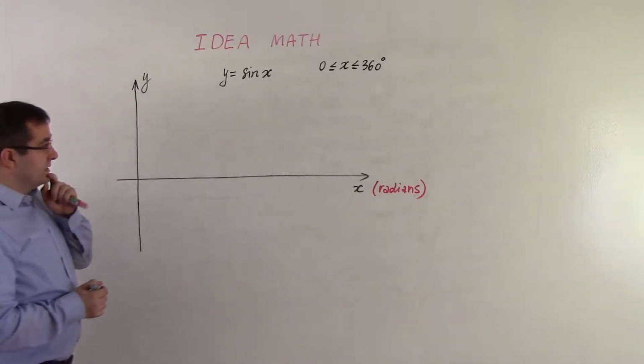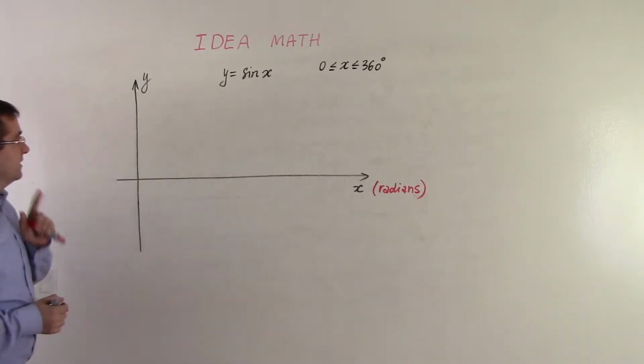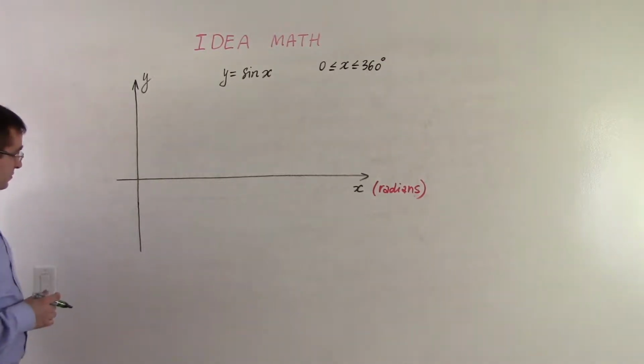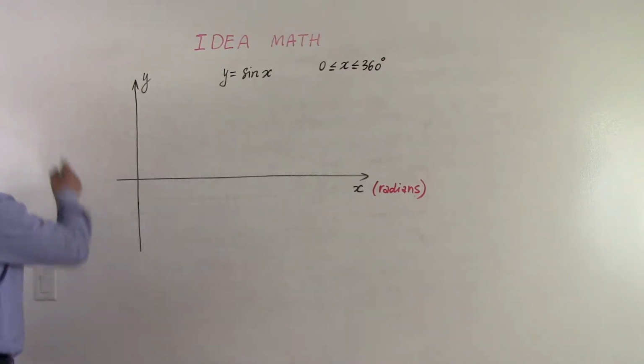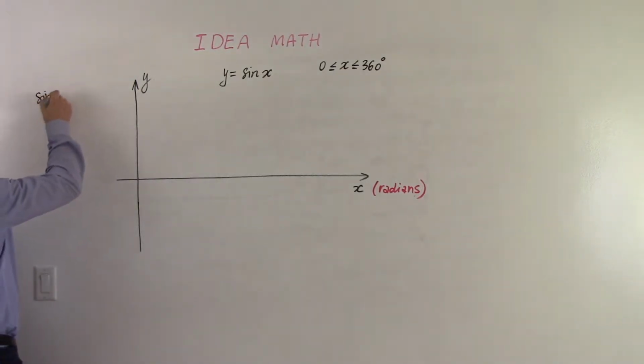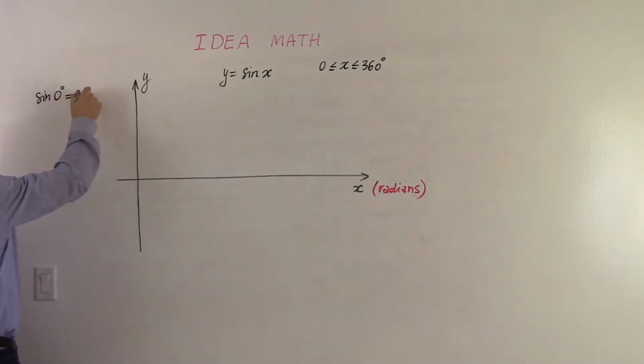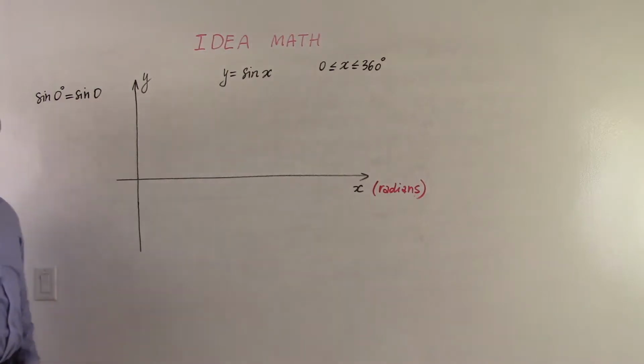If you are stuck a little bit on how to start, we can start with the values that we know. We'll learn some special angles. So for example, sine of angle 0 degrees is the same as sine of 0 in radians, and we should know this value.